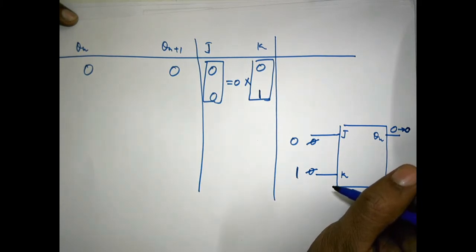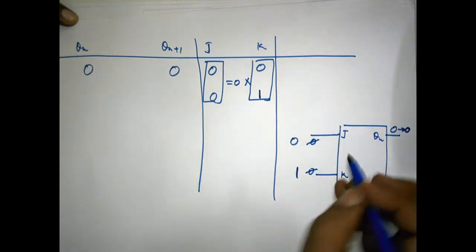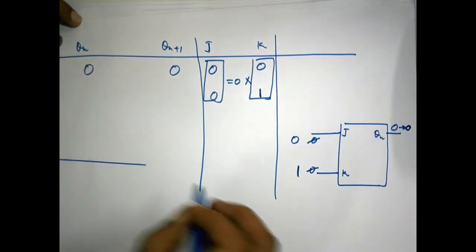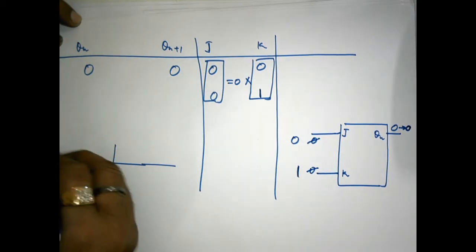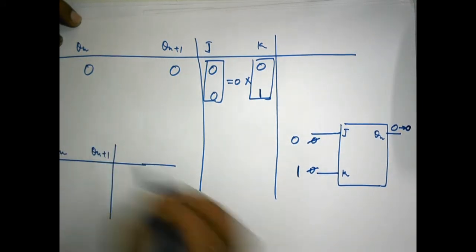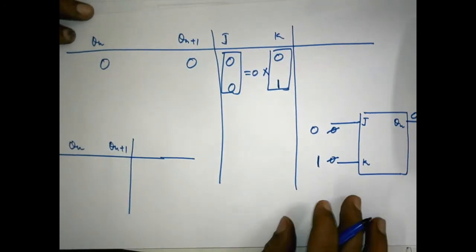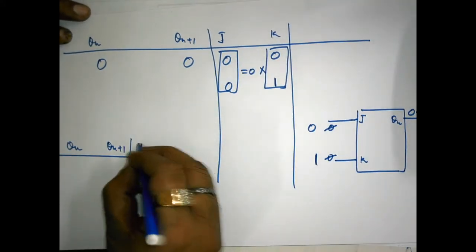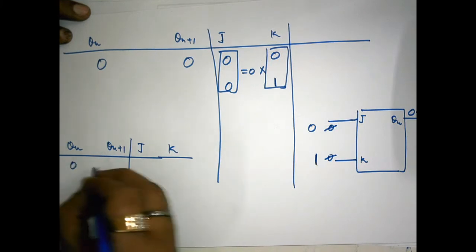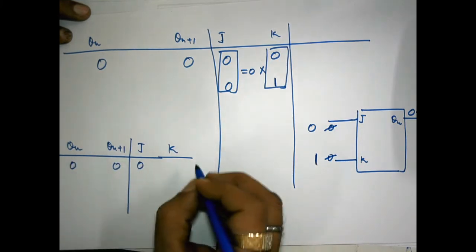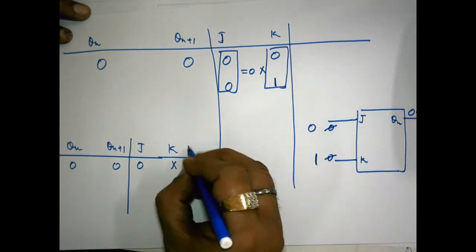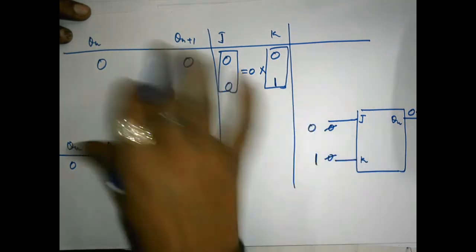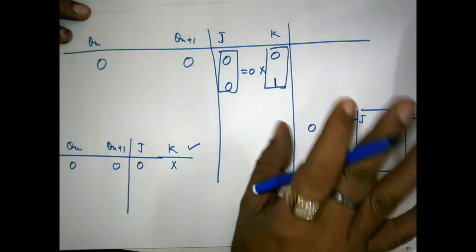We can apply anything, 0 or 1, at K. To put the concluding remark, we make another table with Qn and Qn plus 1, and J and K. To make this transition, we put J equal to 0 and K equal to don't care. This is the final table, and the other is the intermediate worksheet that we are working with.